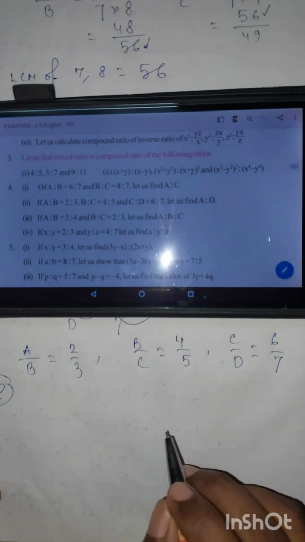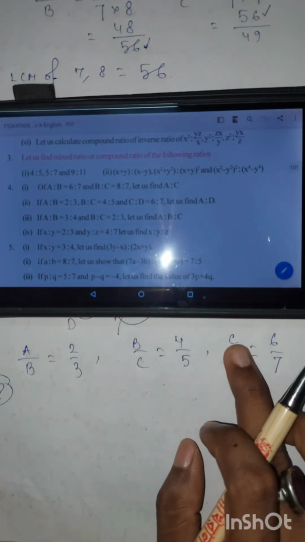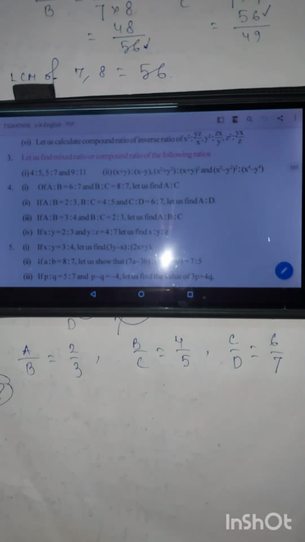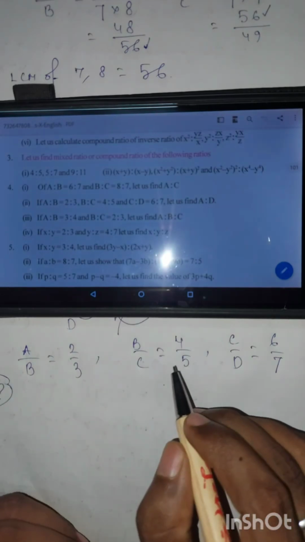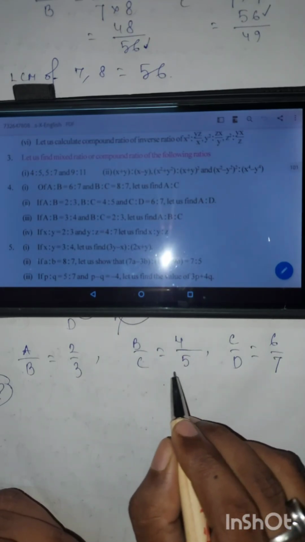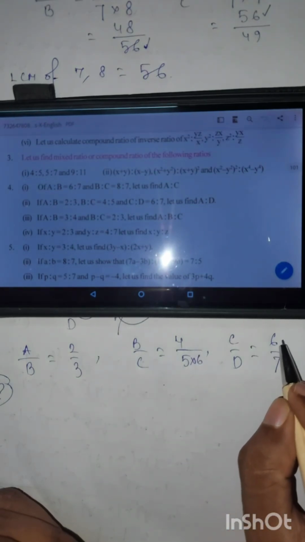So to make C equal, we need to multiply 5 by 6 and 6 by 5.